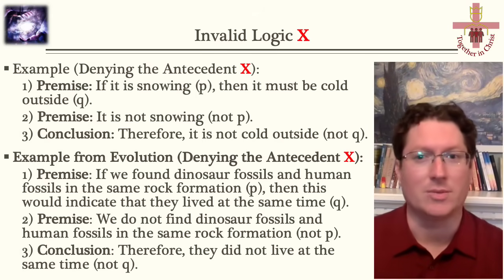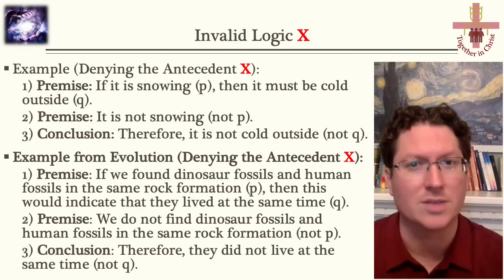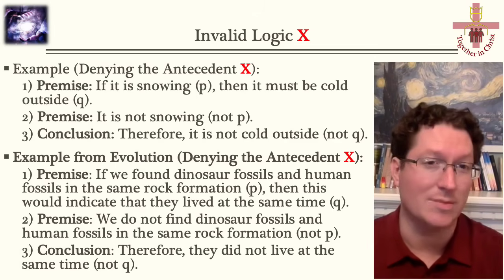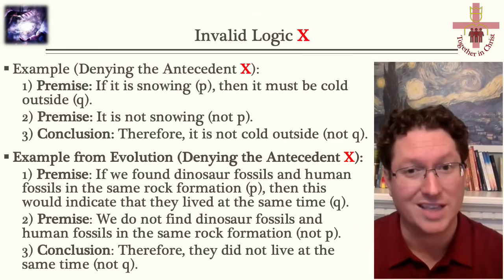Anyway, sticking with the argument here, assuming we do not find dinosaur fossils and human fossils in the same rock formation, three, conclusion: therefore they did not live at the same time, not Q. That's how the argument goes from the evolutionists anyways.